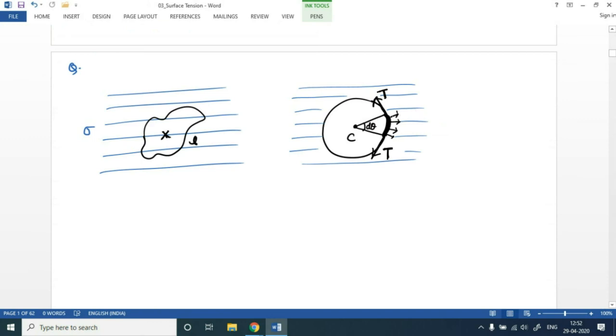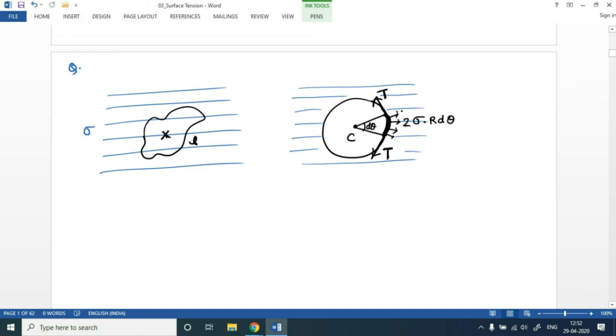The magnitude of this surface tension force is going to be sigma times this length over here, which is nothing but r d theta. You must understand this is a liquid membrane, so it has two open surfaces. So sigma r d theta is the force from only one side. So 2 times sigma r d theta would be the net surface tension force acting on this small element of the thread.